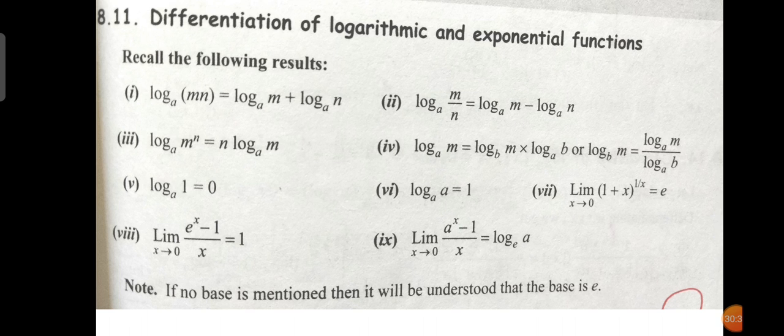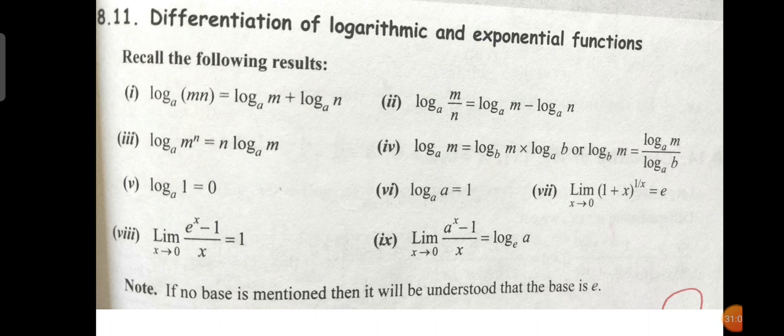Log of 1 is always 0, and log of a to the base a is always 1. Limit as x tends to 0 of 1 plus x the whole raised to 1 by x is e. This equation is also used in many places. And limit as x tends to 0 of e raised to x minus 1 by x is 1.